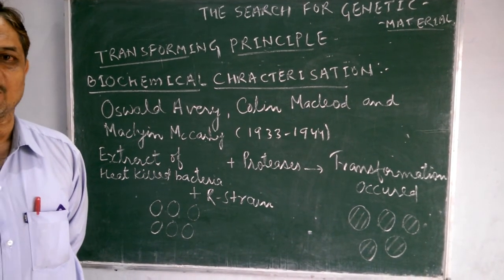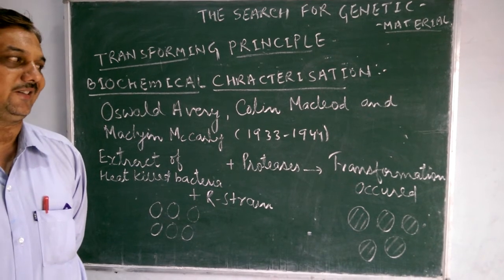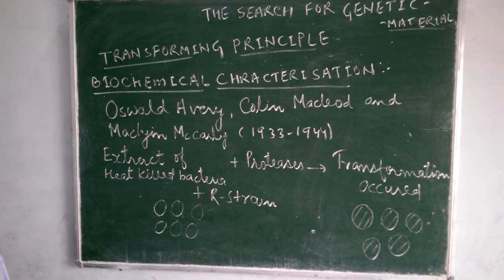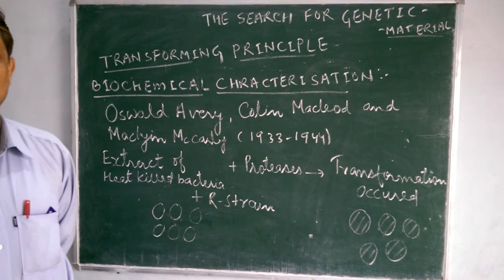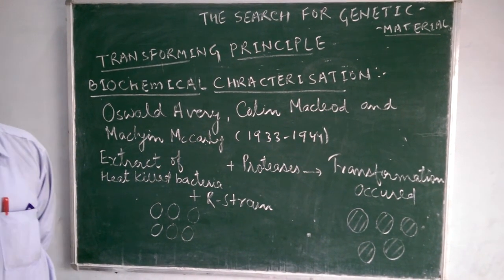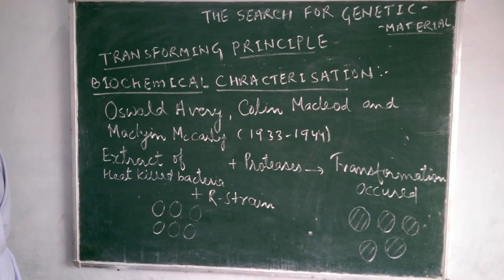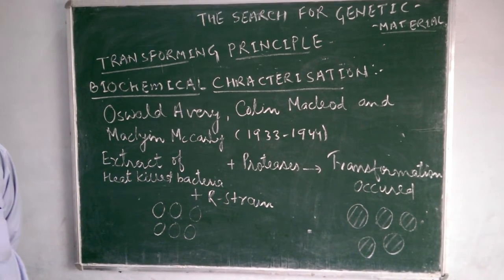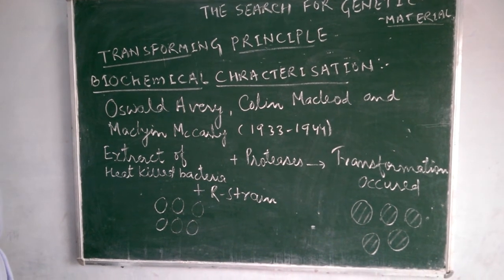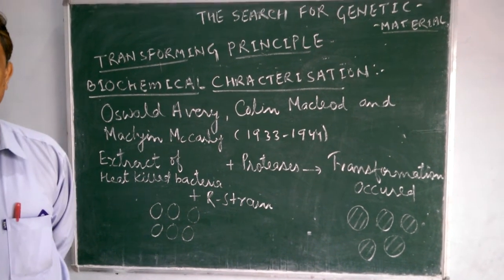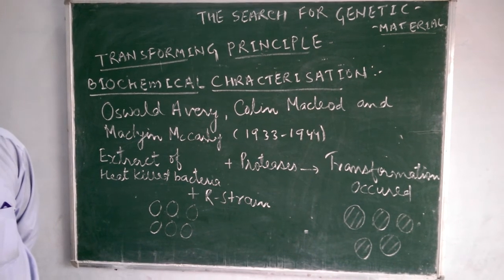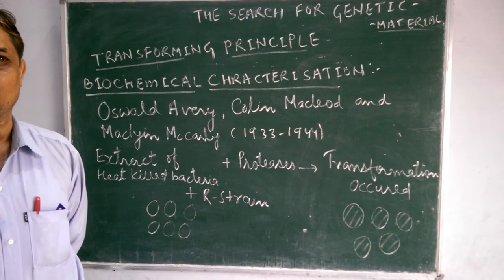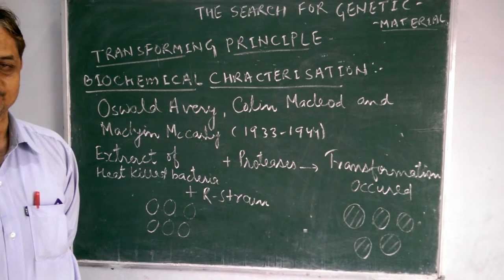It was the work of three scientists from 1933 to 1944 that proved what the transforming principle actually is. These scientists were Oswald Avery, Colin MacLeod, and Maclyn McCarty. They purified the biochemicals from the extract of heat-killed S strain bacteria in the form of protein, RNA, and DNA.